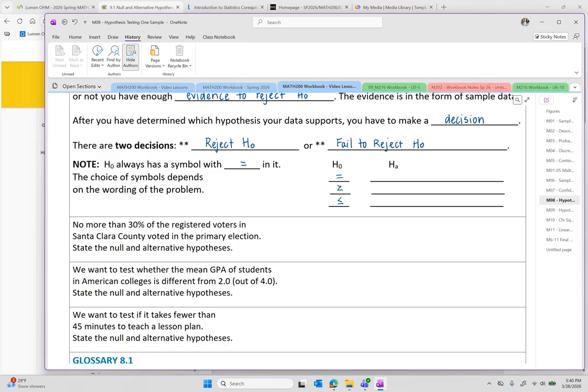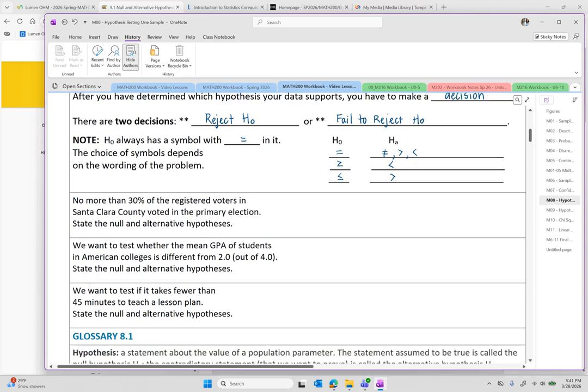If your null hypothesis has the equal symbol, the alternative hypothesis could be not equal to, greater than, or less than. If your null hypothesis is greater than or equal, then your alternative hypothesis will be less than. And if your null hypothesis is less than or equal, then your alternative hypothesis will be greater than. So remember that the alternative hypothesis is the negation, the opposite of the null hypothesis.